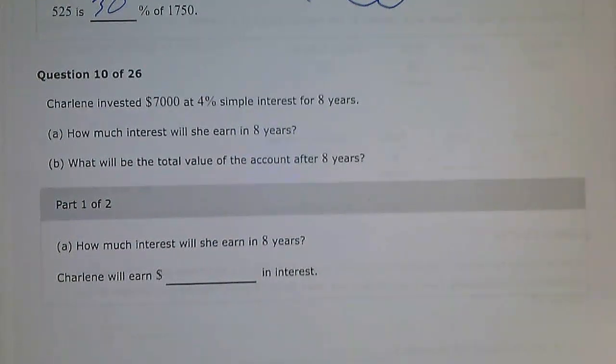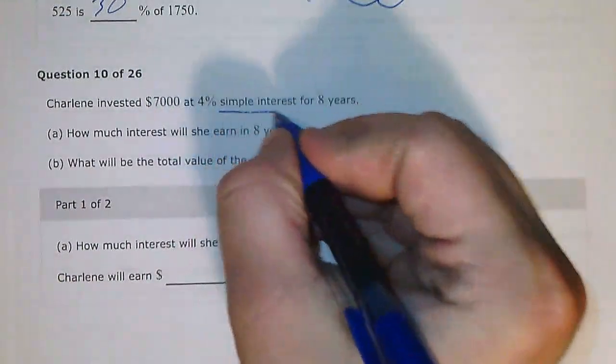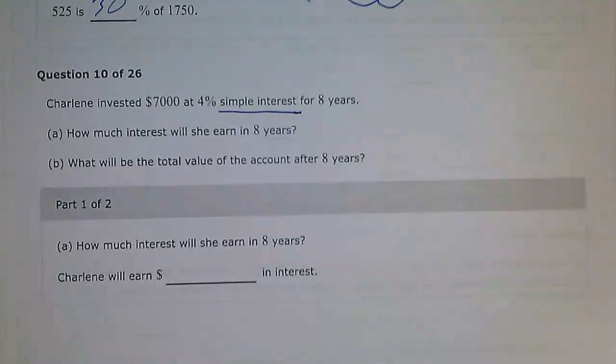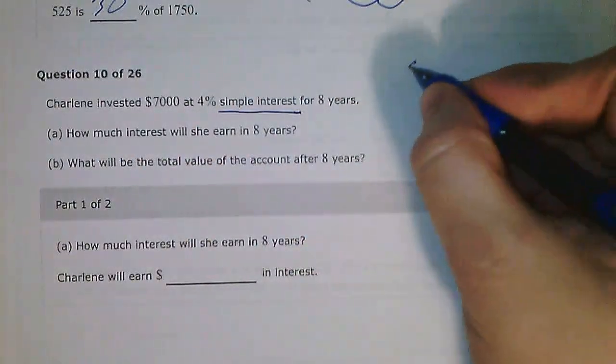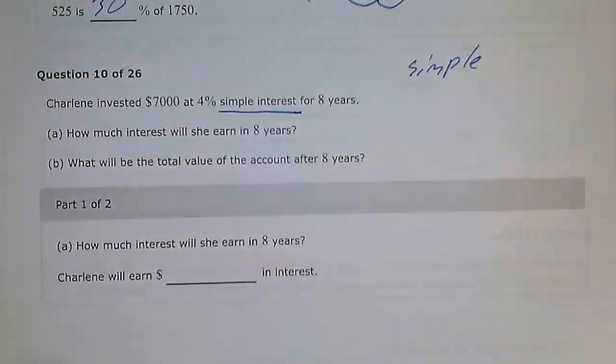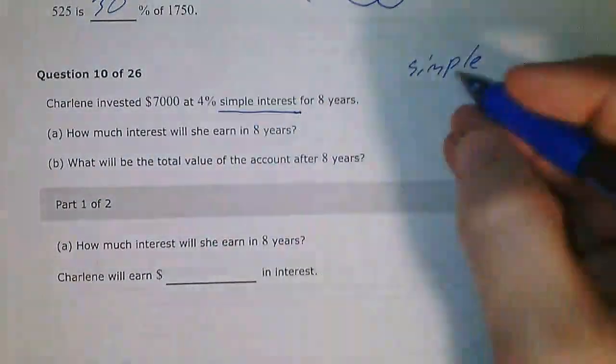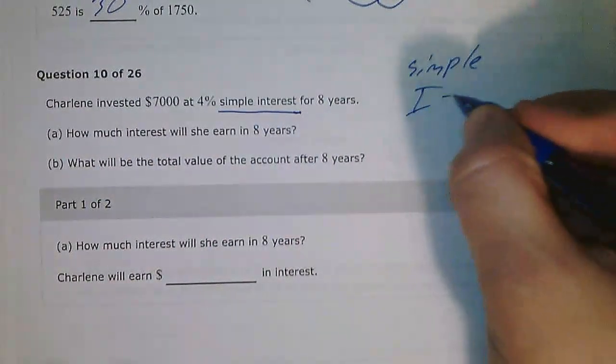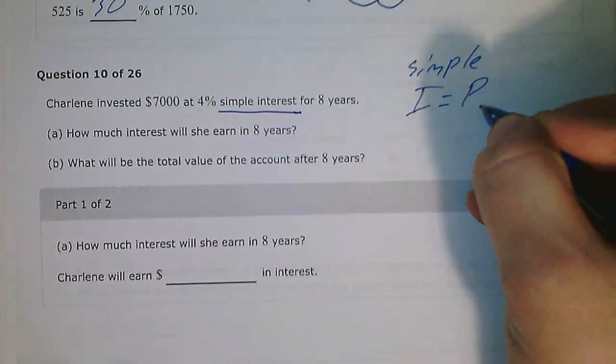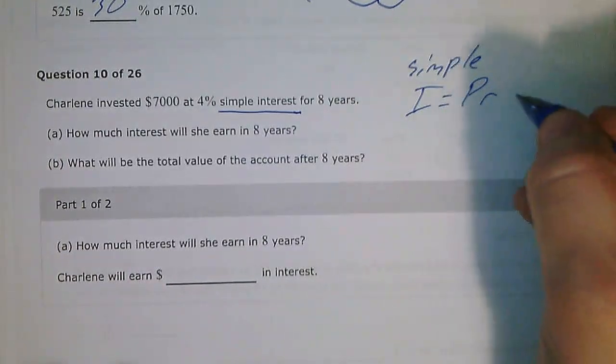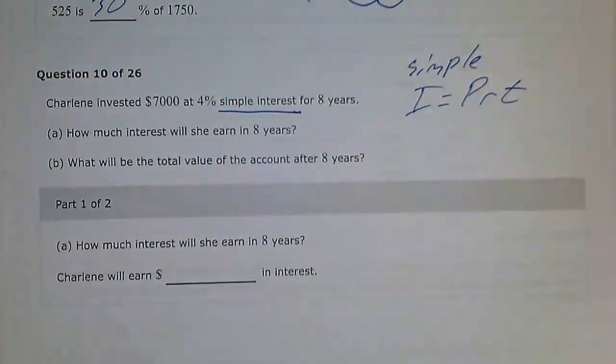Number 10. Charlene invested $7,000 at 4% simple interest. It will tell you in the problem which formula to use. Simple interest is I for interest equals the principal times the rate times time in years.